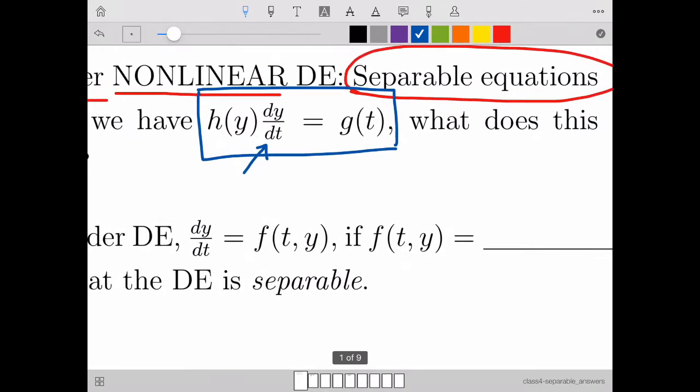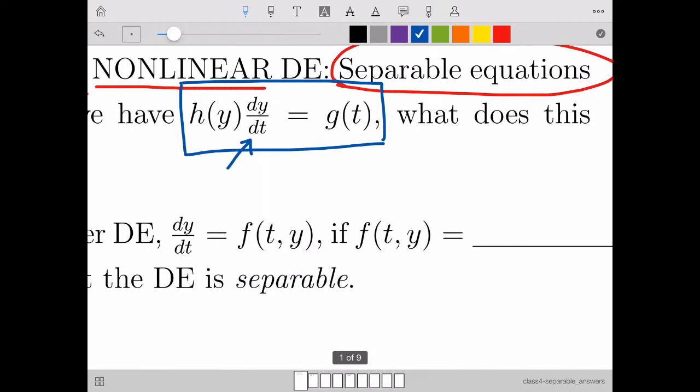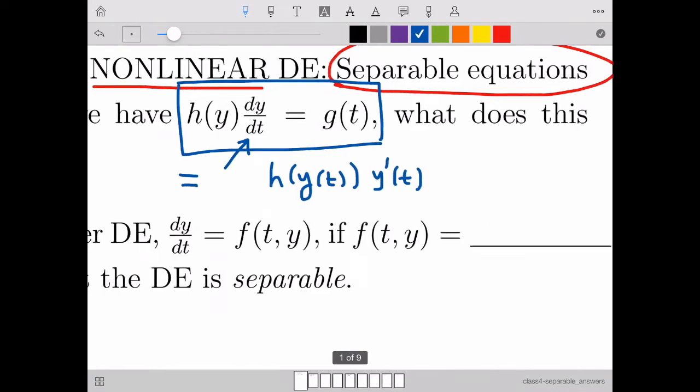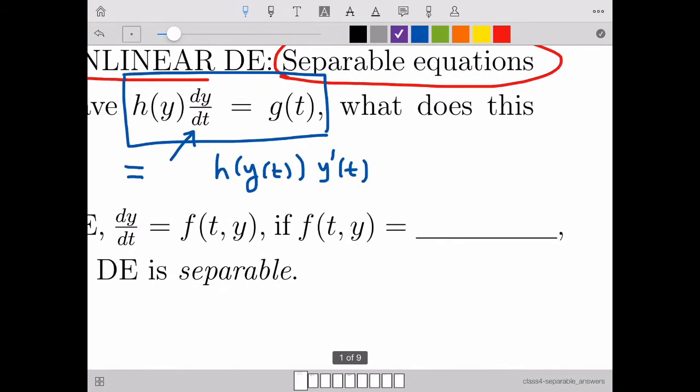And what does this resemble? Well, the left-hand side is h of y, where y is a function of t, and then y prime of t. That's the left-hand side, right? What does that resemble? Well, it looks like this.